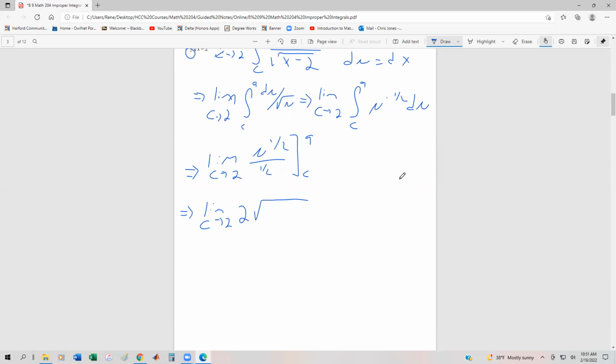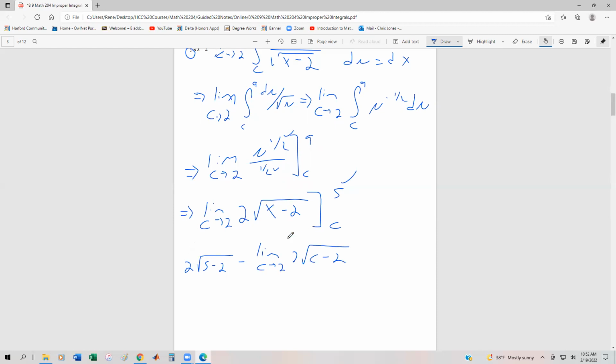We just take the reciprocal of the half, so we get 2 square roots, since the 1/2 power is the square root. Remember, we had x minus 2, and this ranges from c to 5. We substitute 5 in immediately, and we substitute c in but take the limit. So we get 2 square roots of 5 minus 2, minus the limit as c approaches 2 of 2 roots of c minus 2.